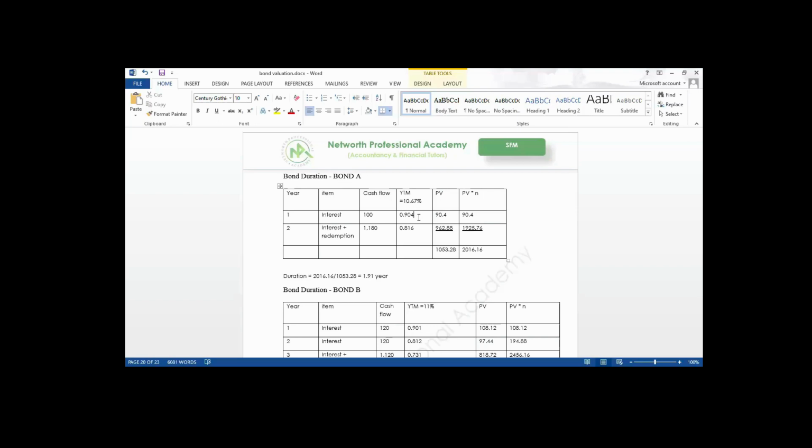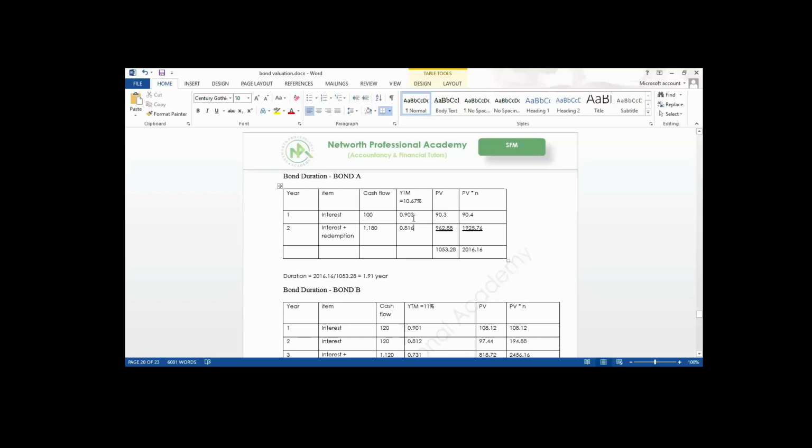It might be my approximation mistake. Then in year 2, 10.67. What is the discount factor? 0.816.